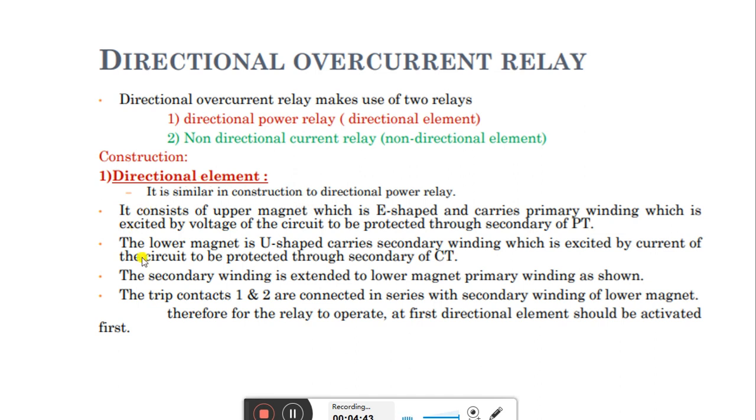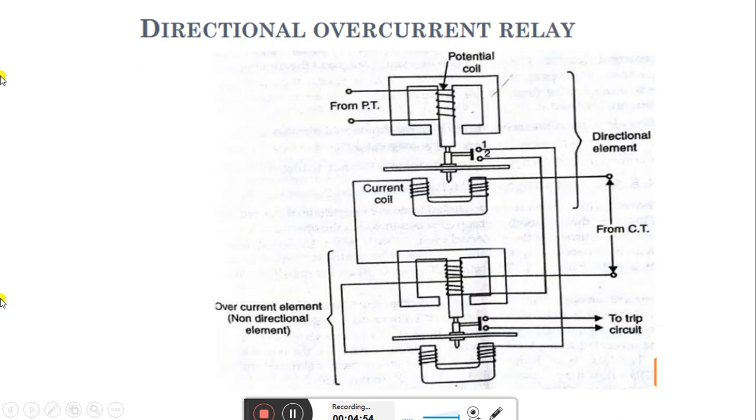So whatever has been told in this constructional detail we will see in the figure, that is, this is the figure of directional overcurrent relay. So what does it mean here? This is the upper one, this is called the directional element.